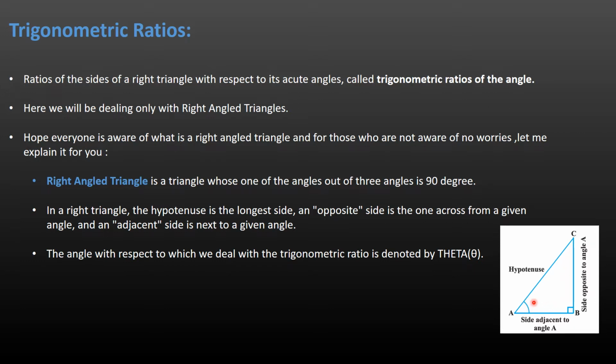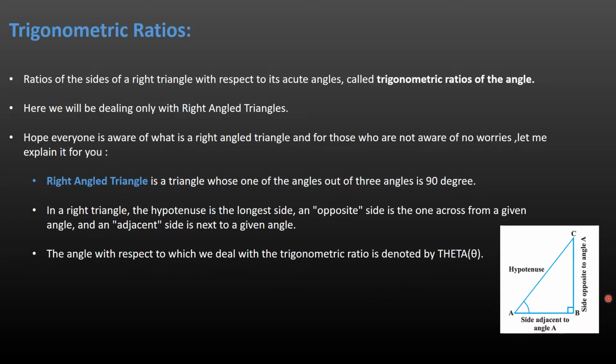So don't get confused if some textbooks denote angle theta instead of A or C, and some may directly deal with angle A and angle C instead of using the symbol theta. This should be clearly kept in mind: theta is nothing different from your angle A or angle C. It is just a denotation to represent an angle.